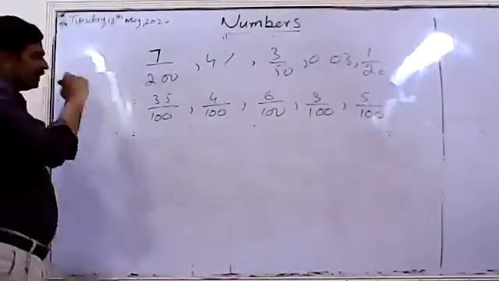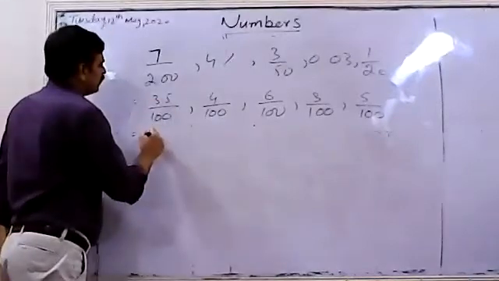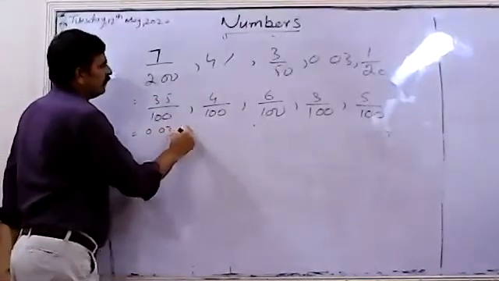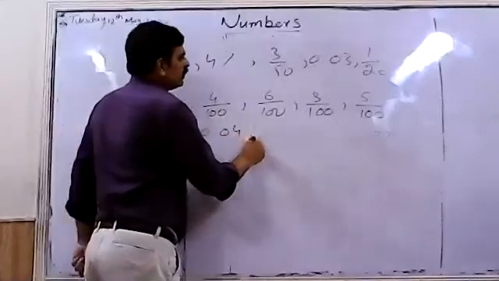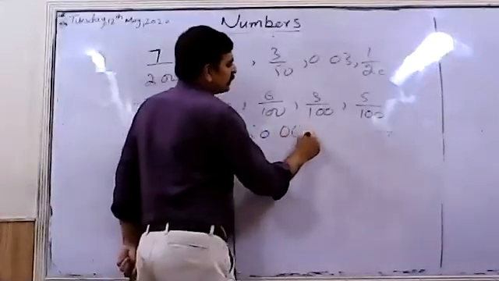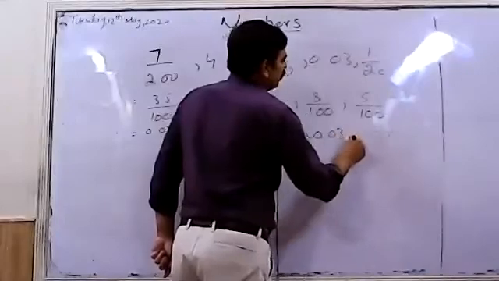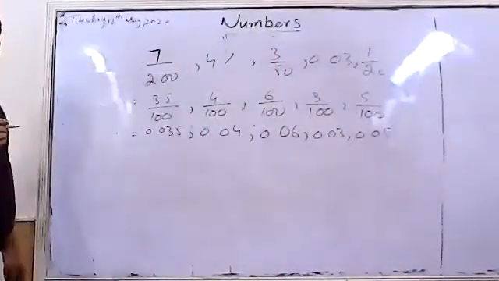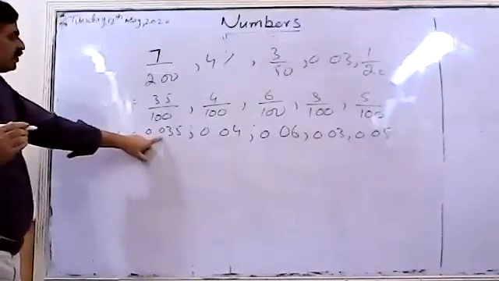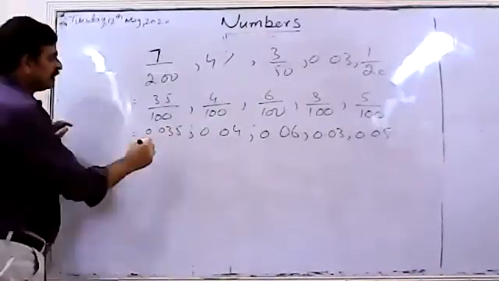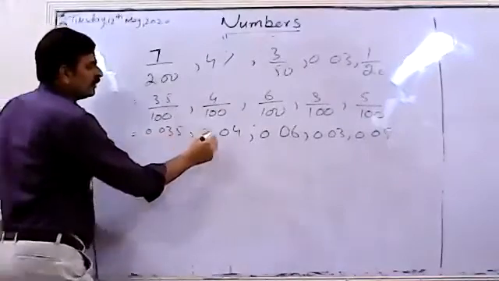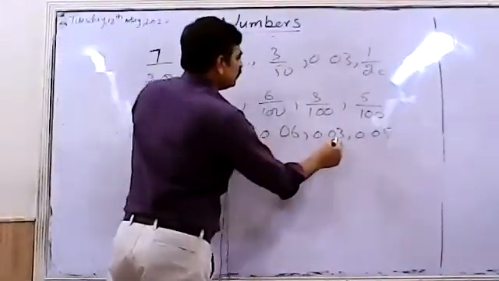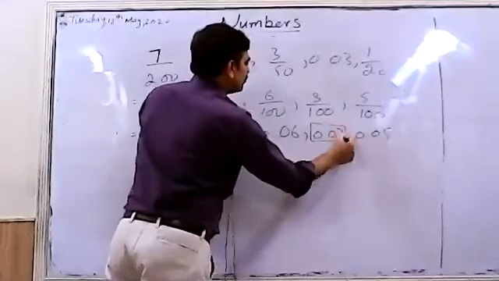If we want to convert it into all decimal values, it becomes 0.035, 0.04, 0.06, 0.03, and 0.05. We can easily arrange these values in order. 0.03 is the smallest.